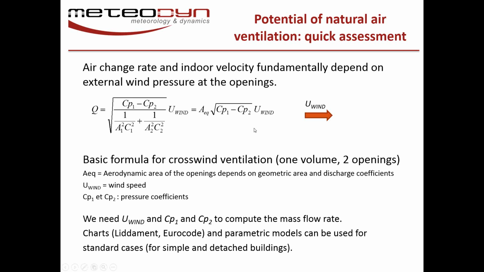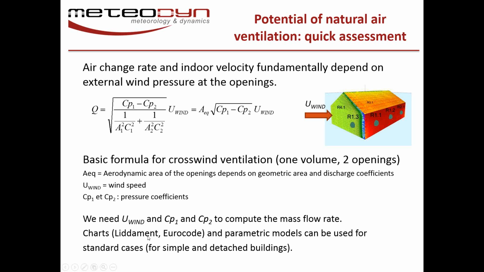You can actually simplify this formula by extracting the delta CP, which is a very important value, the reference wind speed, and some equivalent surface. Here you have the reference wind, which is upstream, and the delta CP.